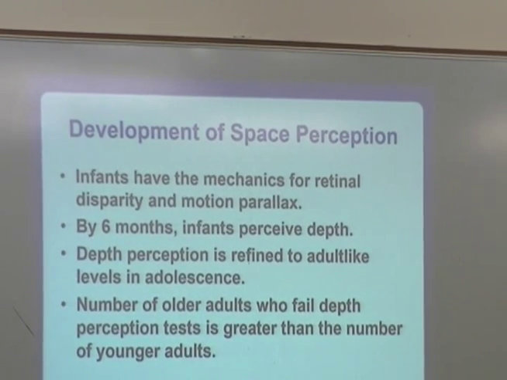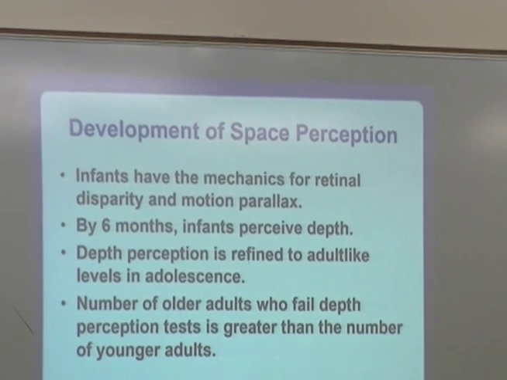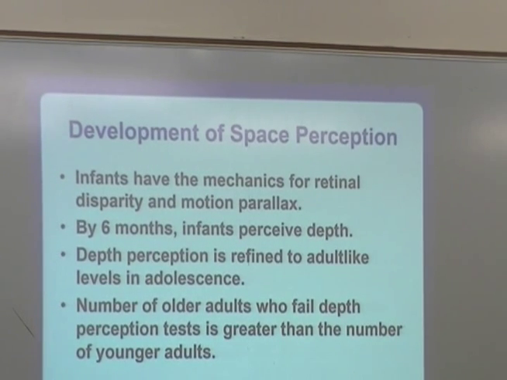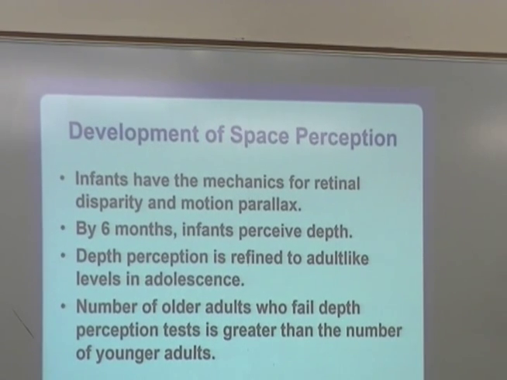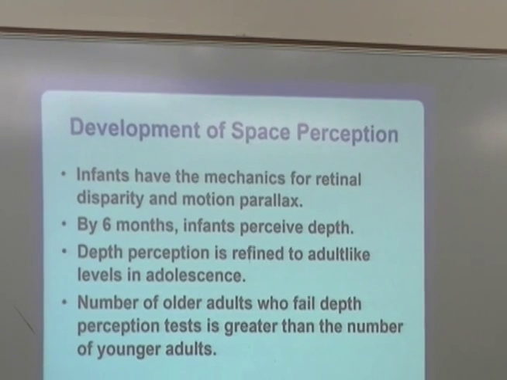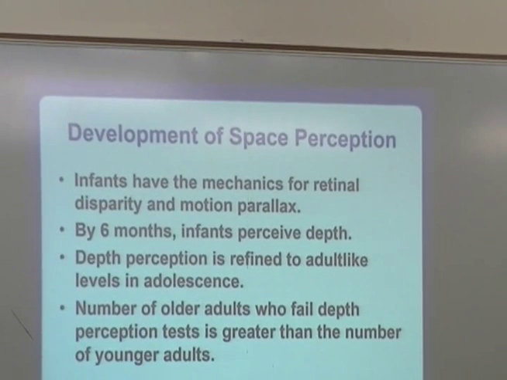When we're born, we have the mechanical instruments in place to understand retinal disparity and motion parallax, right? But it takes a lot of practice for the brain to interpret what that information that's coming in means.